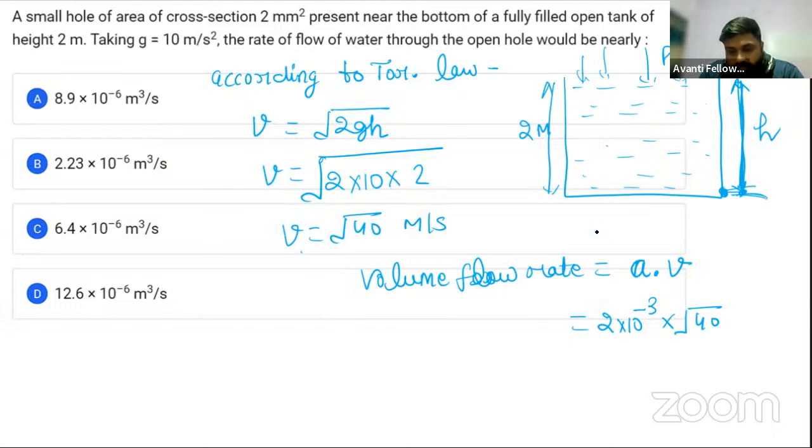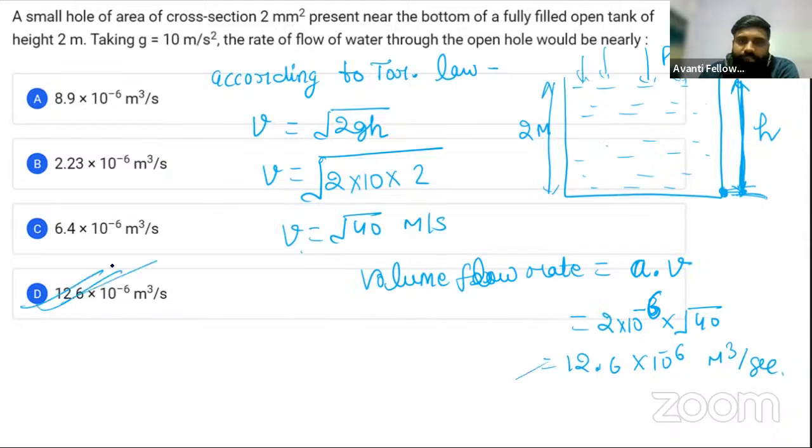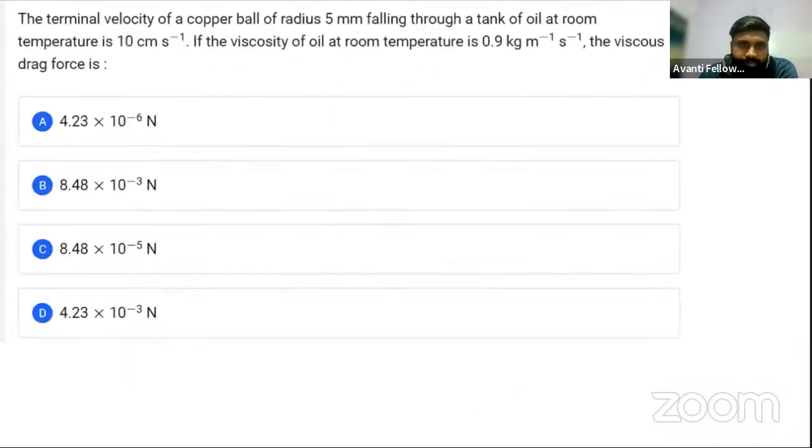The square root of 40 will become 6.32, and multiply with 2 also. So it will become 12.6, so 12.6 into 10 raised to the power minus 6 meter cube per second, since it is mm square. So this is the answer, option D. Okay, I hope you got it. Now, move on to the next question. This one.